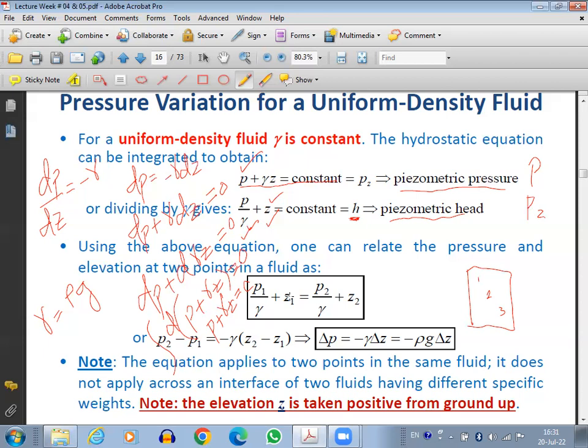Piezometric head would be the same. Piezometric pressure would be the same, and piezometric pressure is a combination of hydrostatic pressure plus pressure due to elevation. So if the elevation is changing, the other term will also change to keep the summation equal.